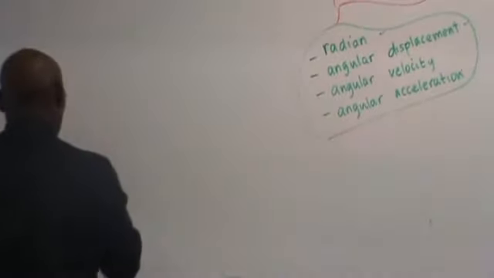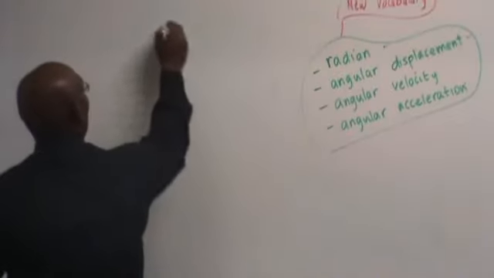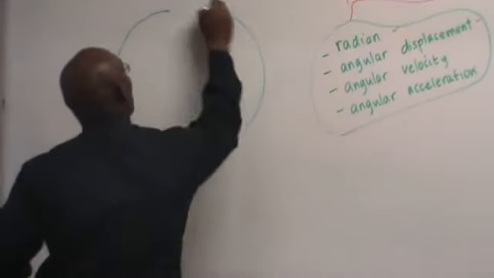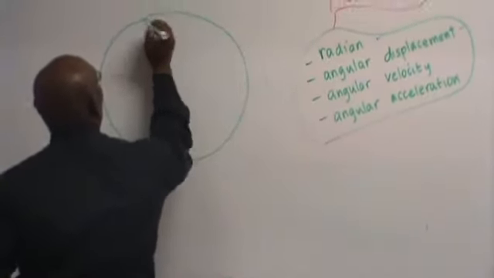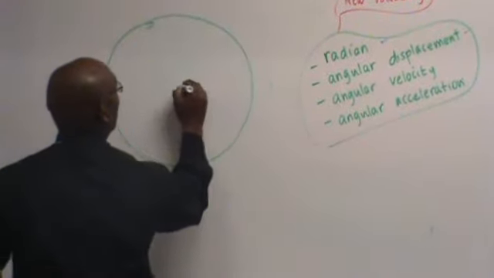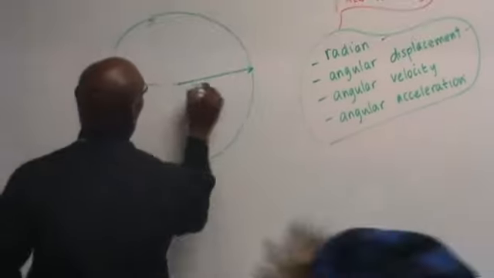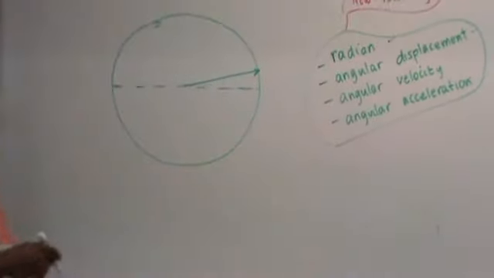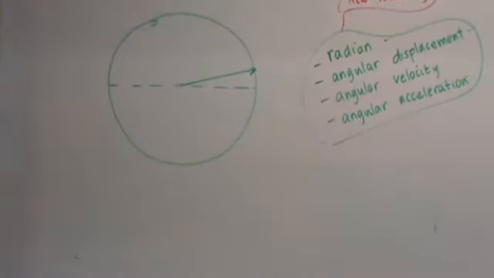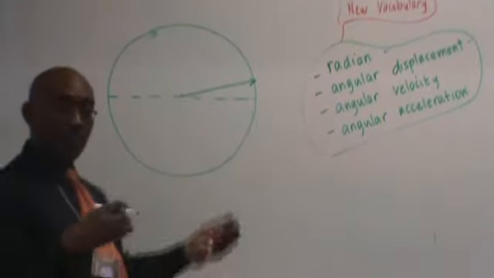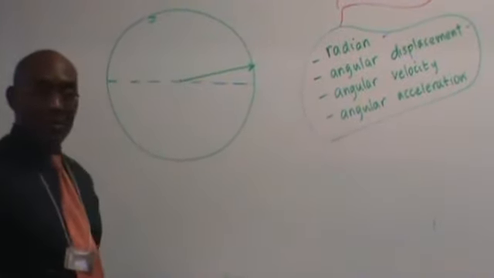What do we mean by an angular position? Here's my circle, the center. Here's the radius. Okay? And you guys working in calculus, you probably know about all this radius stuff, right?